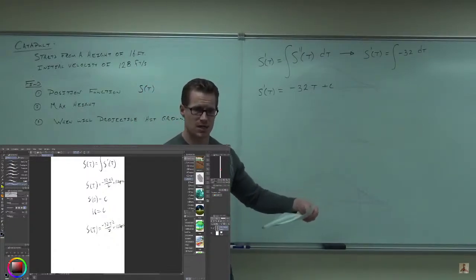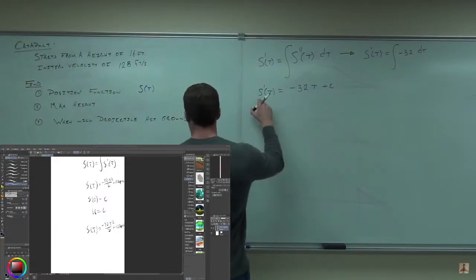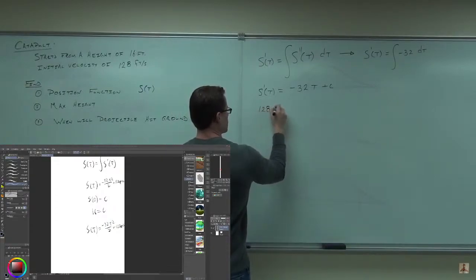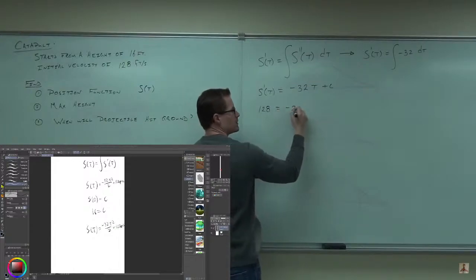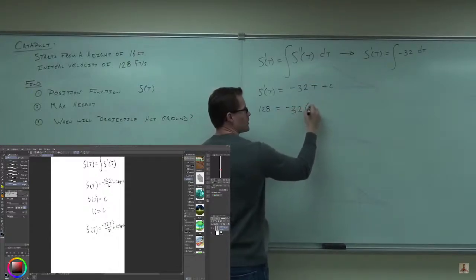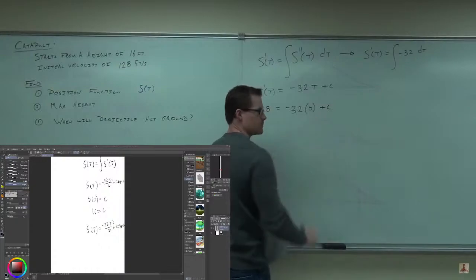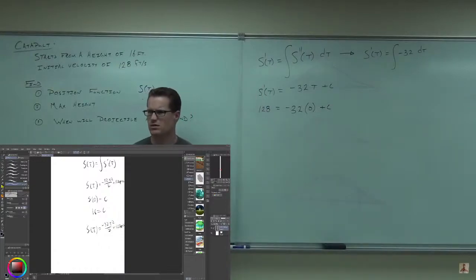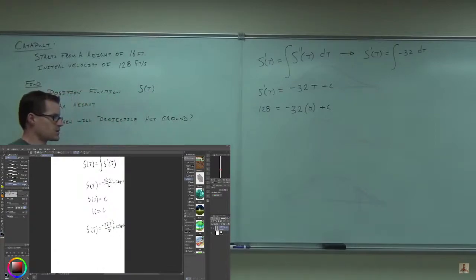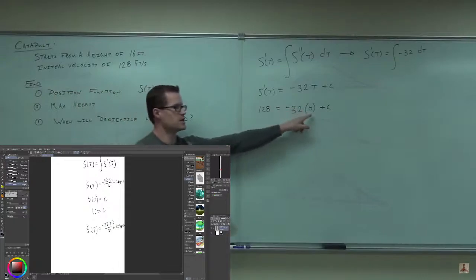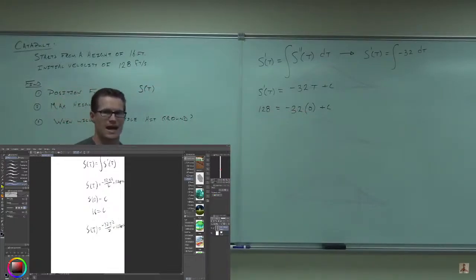So s prime of 0 says I know the first derivative equals 128 when the t equals 0. Does that make sense to you? Are you sure? S prime of 0 equals 128, right? So the 0 meant the t, the 128 was the velocity at 0.